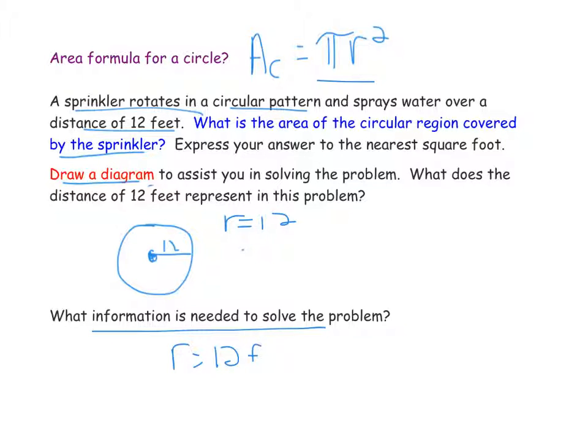So we are going to do pi times the radius, which is 12, squared. If we wanted to have an exact answer, we would do 12 squared. 12 times 12 is 144, and we would leave it as 144 pi feet squared. So this is the exact.